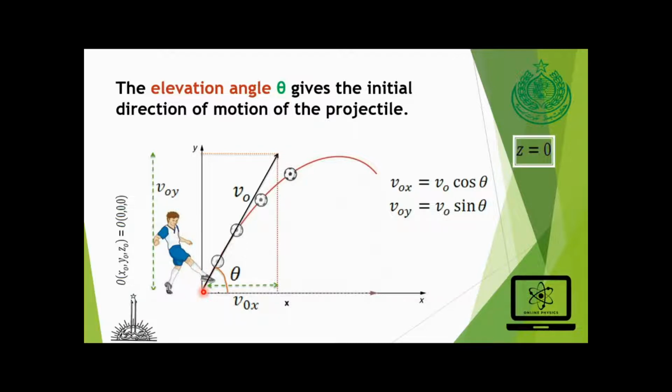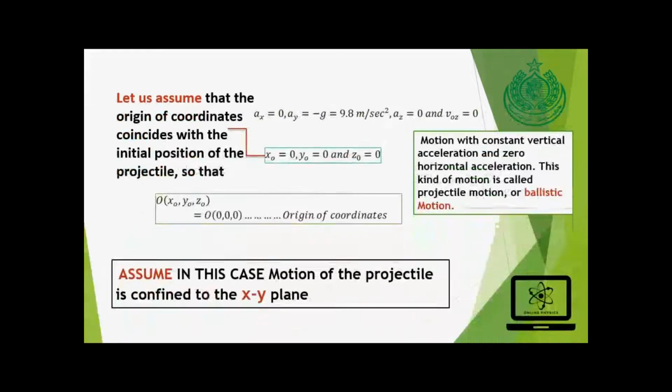The choice of origin implies that x naught, y naught and z naught are 0. The origin of the coordinates coincides with the point at which the projectile begins, so the origin and the initial position of the projectile are at the same position.